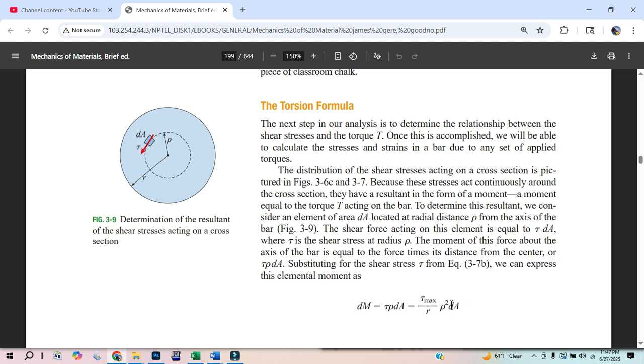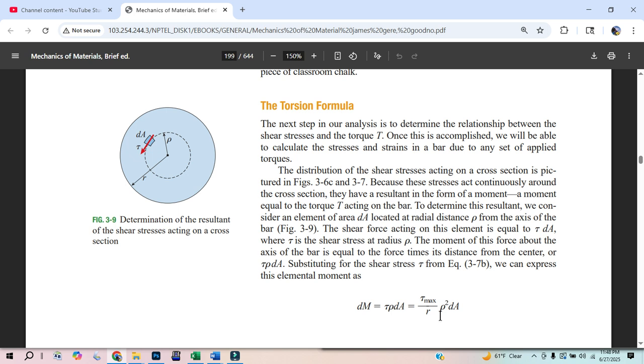And then dA is rho d theta d rho. So this equation can be: the derivative is tau max divided by r, rho cubed d rho d theta. Then you integrate the d theta, and you pick up a 2 pi. And then you integrate the rho cubed. That becomes 1 divided by 4. No, I'm sorry.